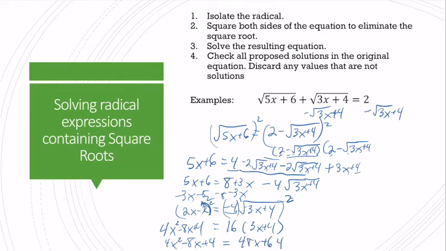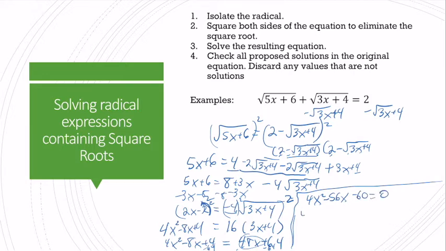This is very exciting. What I need to do now is go ahead and combine like terms. So I'm going to take away 48x from both sides. I get 4x squared minus 56x. I subtract 64 from both sides. So I get 4x squared minus 56x minus 60 equals 0.